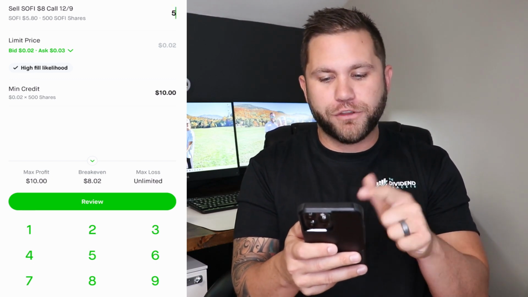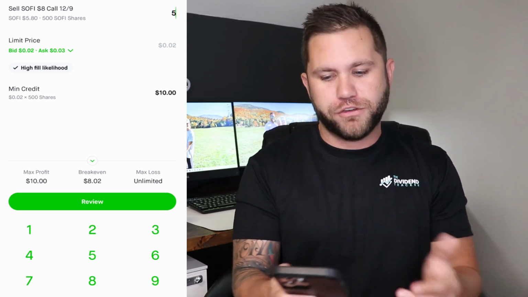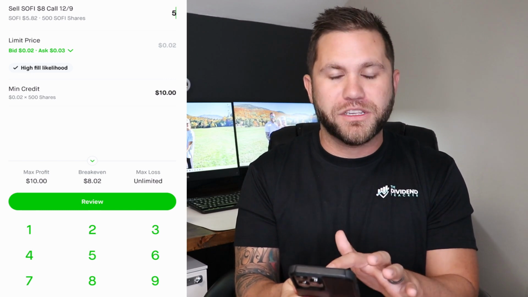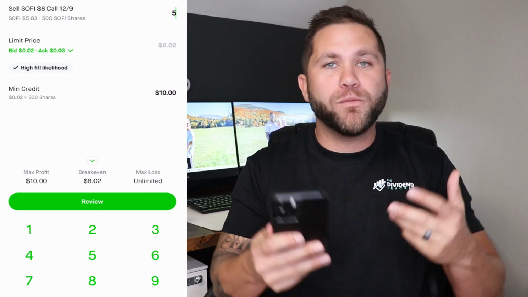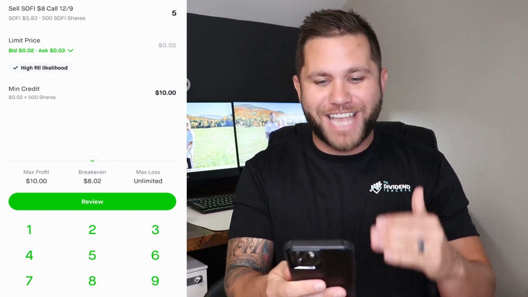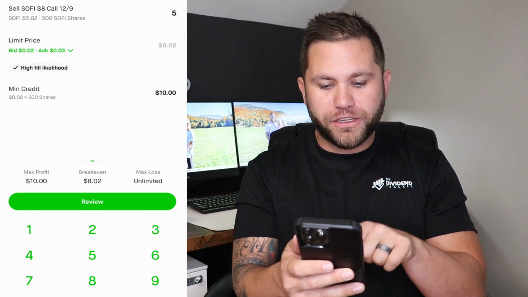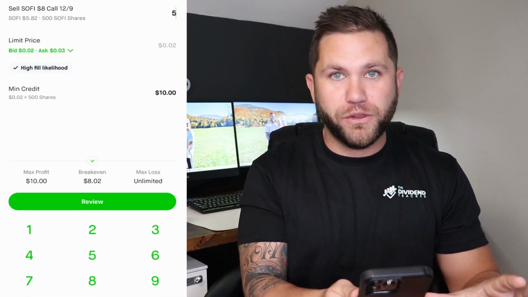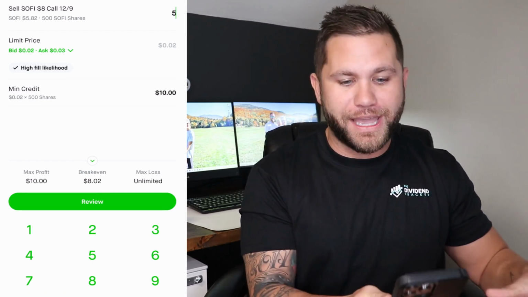And again, same thing for the credit would be the 2 cents times however many shares you're working with. Mine would be the 500 shares, and that would give me a premium or a credit of $10. So that means that is what I'm going to get paid for saying I'm willing to sell my 500 shares at the $8 strike price. So I've earned $10. Once I click review and swipe up, if the order gets fulfilled, I automatically right away get this $10 directly into my cash account.